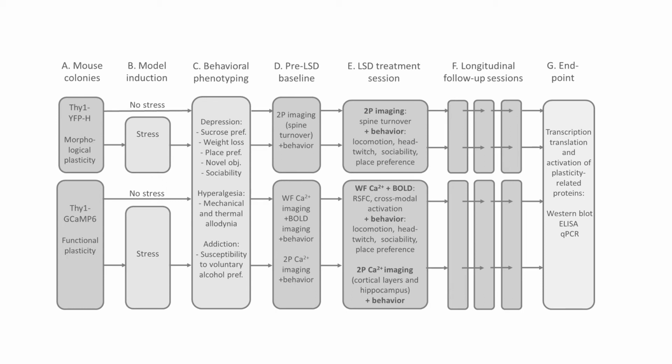We will also test these mice for hyperalgesia, which is known to be associated with a chronic stress treatment. So their paws become extremely sensitive to mechanical and thermal stimuli, and we will test this phenomenon that is called allodynia. Another phenotype that is associated in mice with a chronic stress model is the susceptibility to alcohol addiction, for example.